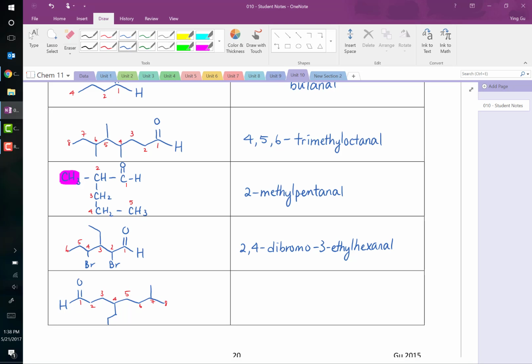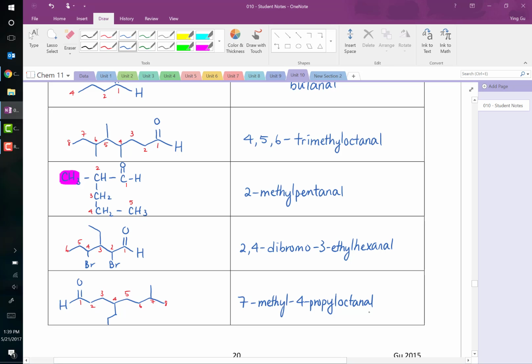We have 2 branches, a methyl and a propyl. Alphabetically, M comes first. So 7-methyl, 4-propyl, and finish it off. This is an 8 carbon system, octanal.